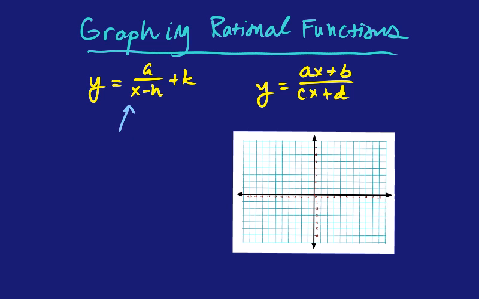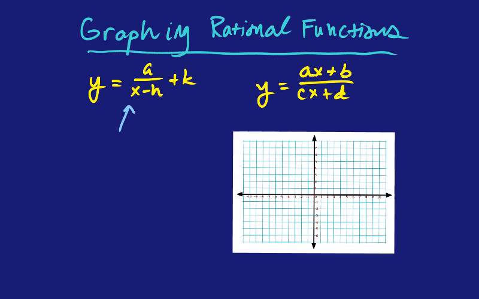That first form, if you've been in an algebra class long enough, you'll have seen formulas where they use a, h, and k to represent transformations of functions. They still do all the same things, but I'm going to focus on h and k.